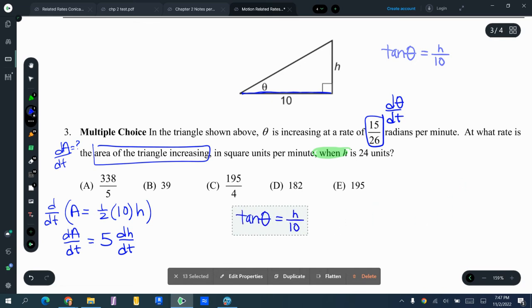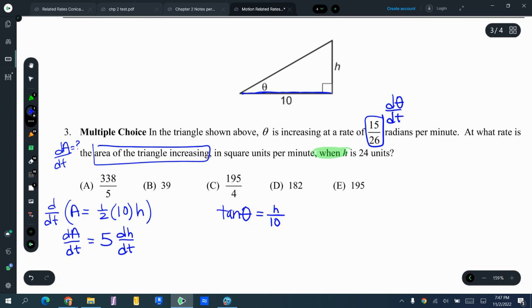I'm going to move this over here so it's a little easier to work with. If I take the derivative of this guy, derivative of tangent of theta is going to be secant squared of theta, d theta/dt. And the derivative of h over 10, just remember h over 10 is the same exact thing as 1/10 times h. So the derivative of that would just be 1/10 dh/dt.